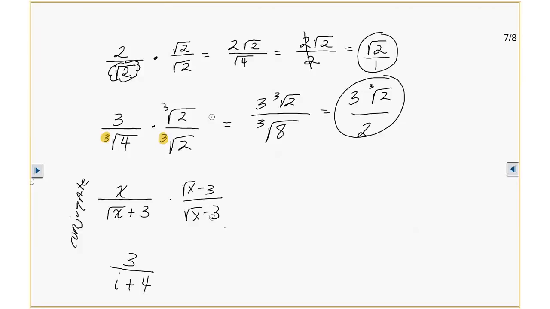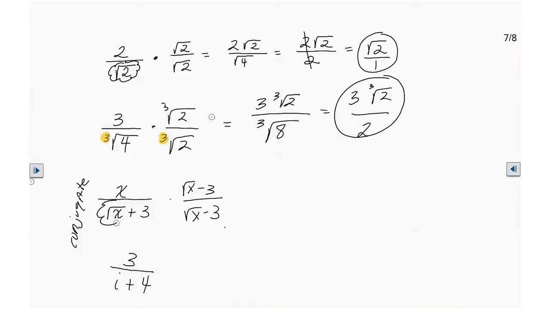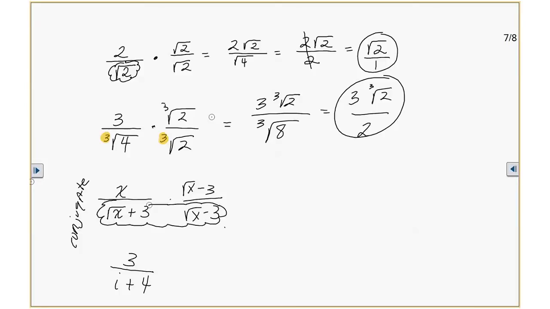There. So the conjugate of the square root of x plus 3 is the square root of x minus 3. And then, of course, when you do that, this right here gives you shortcut number 3.